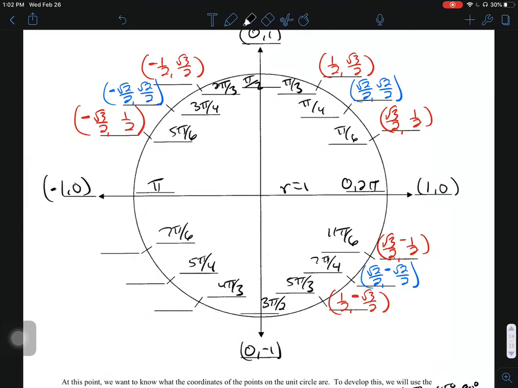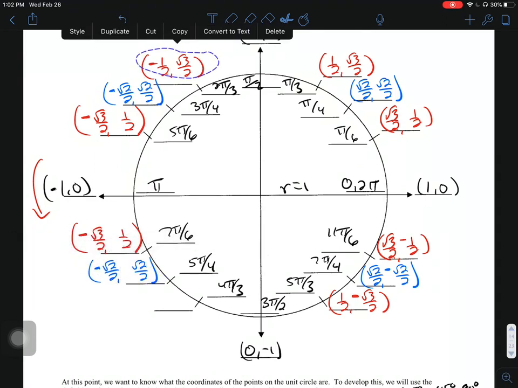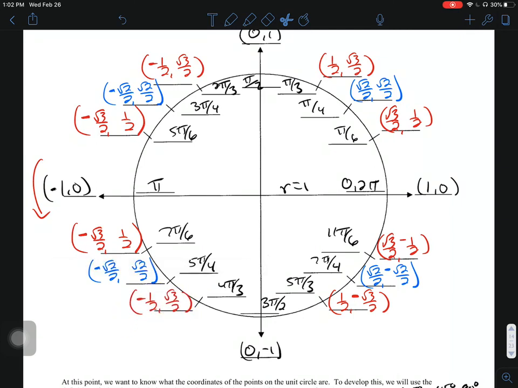So quadrant 3, you can reflect what's in quadrant 4 or reflect down what's in quadrant 2. I'm going to reflect what's down in quadrant 2. The y values are going to change signs. So I'm going to write these in, and then I'll change the signs here in a moment. The same ordered pairs because it's the same reference angles.